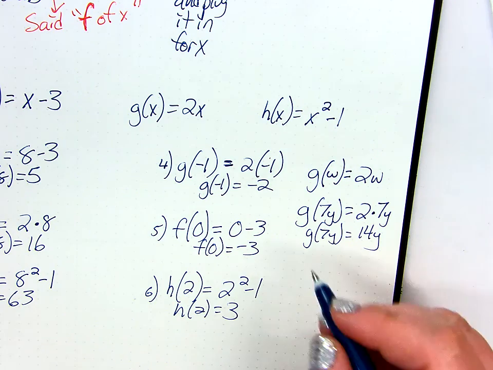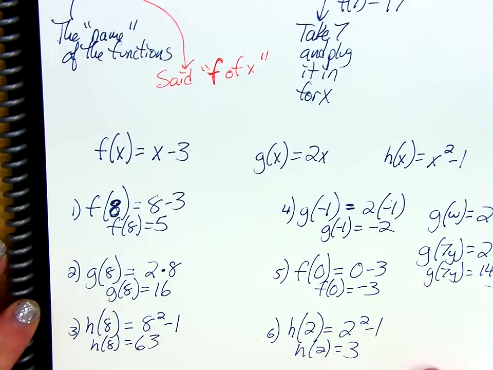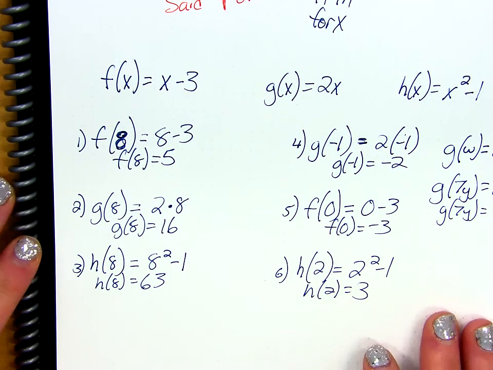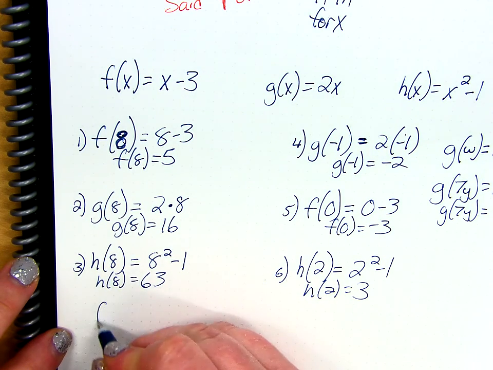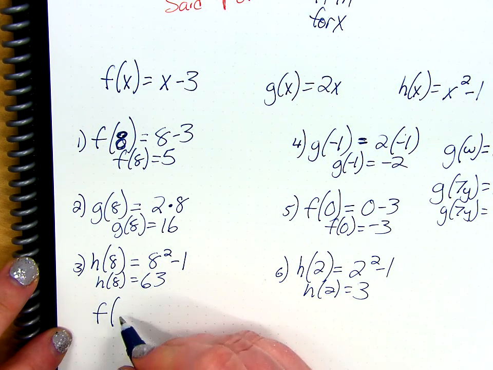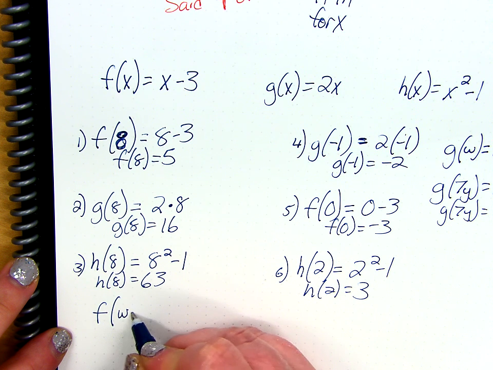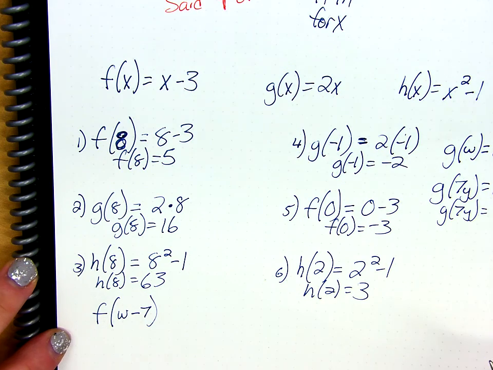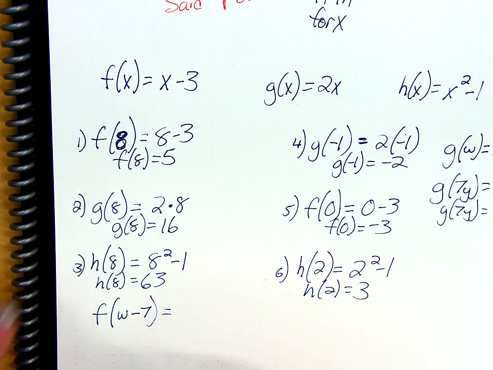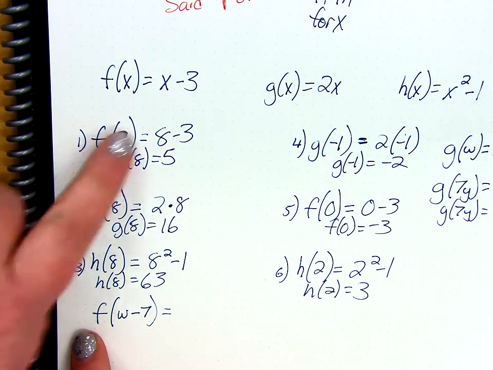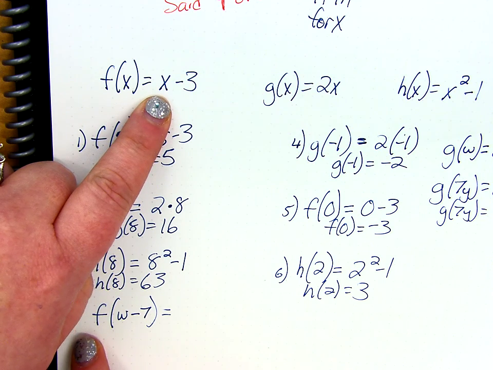So let's do one more. What if I asked you to do f of, let's say, w minus 7? Well, just go to the f function, right? And I'm not going to write the x.